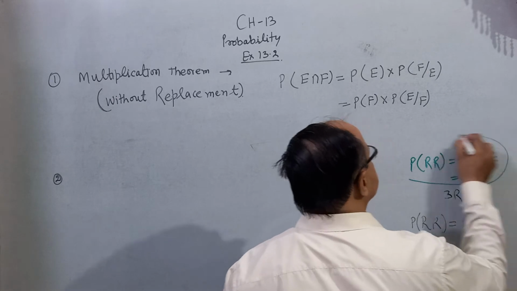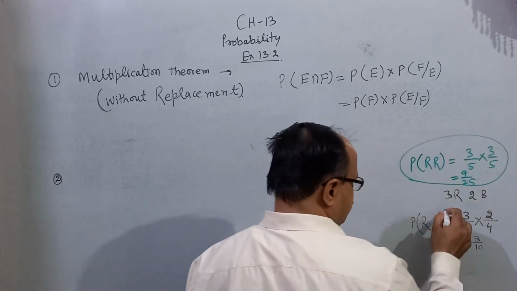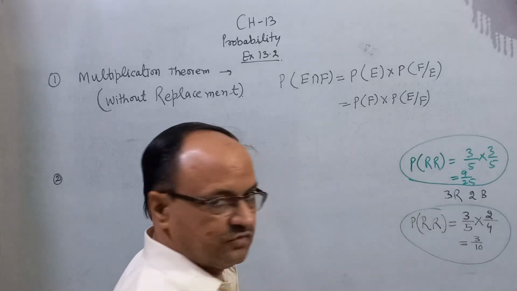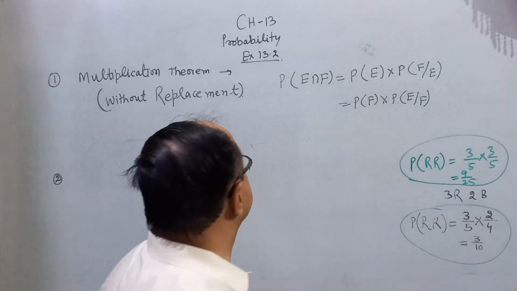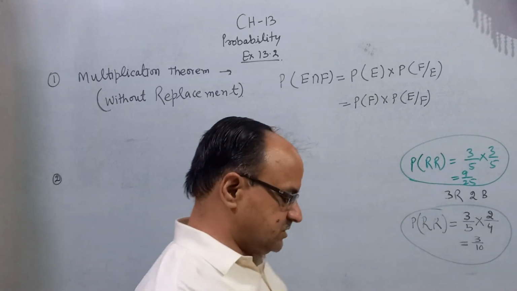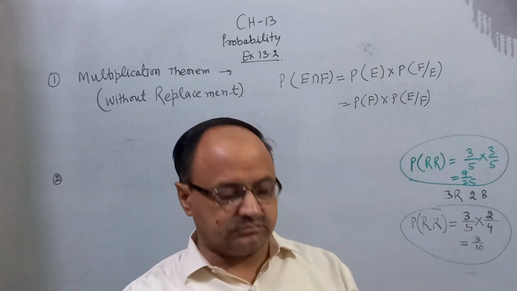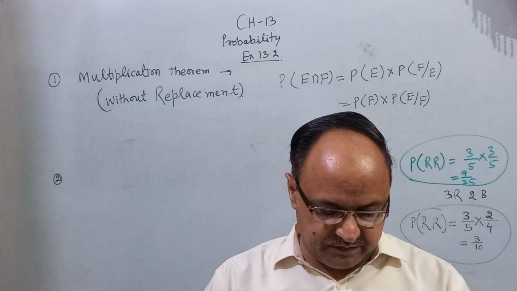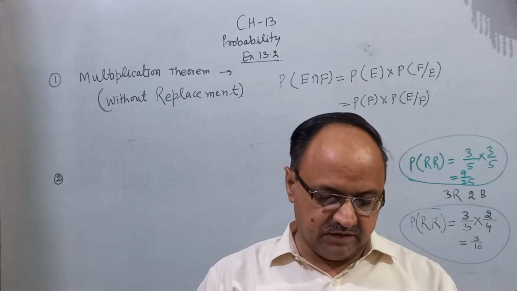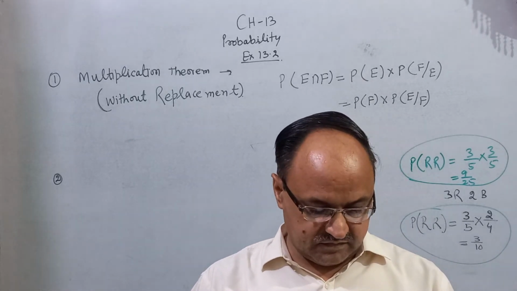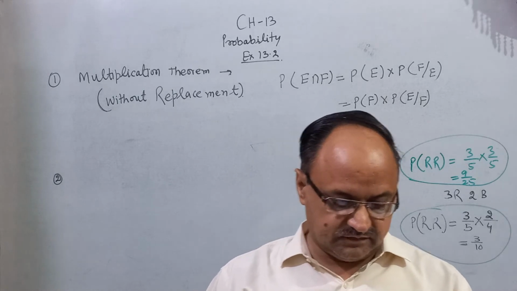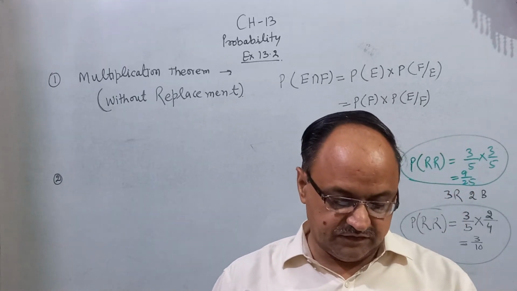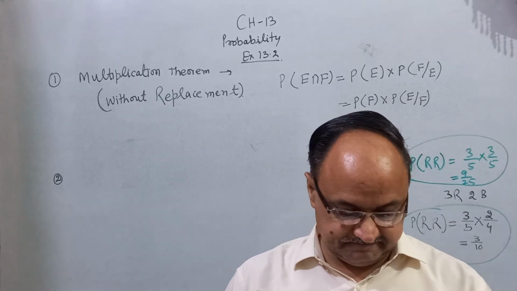So this is the case of with replacement, and this is the case of without replacement. Clear? This is the multiplication theorem. I repeat again, multiplication theorem is applied when the question clearly states it is the case of without replacement.